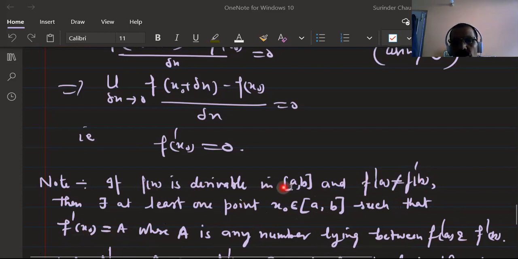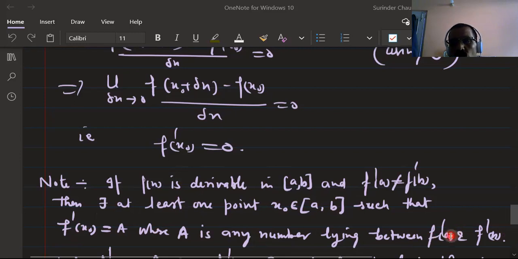If f is derivable, it means f is continuous in the interval. So there is at least one x naught. How many x naught lie in there? Infinite. So at least one is there.